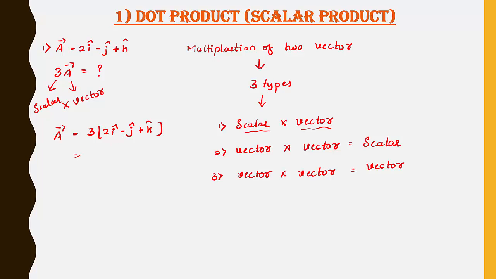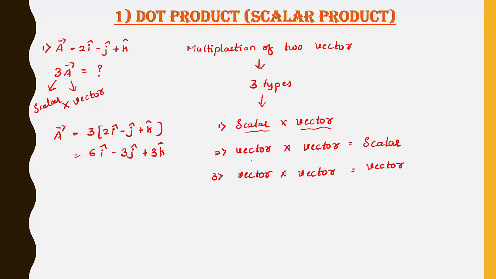Simply we can multiply the scalar quantity with the vector quantity. 3 twos are 6 i cap, minus 3 j cap, plus 3 k cap. So this is the first type, simply scalar multiplied with vector.